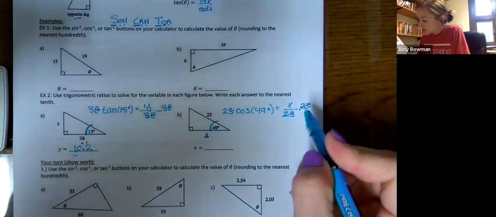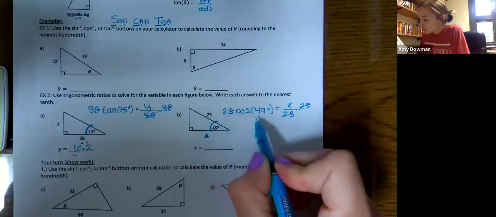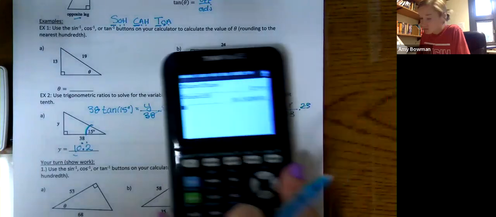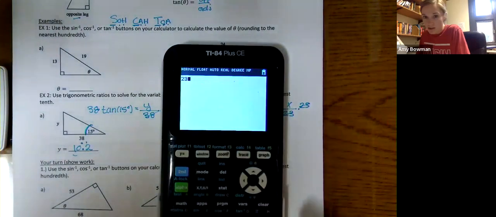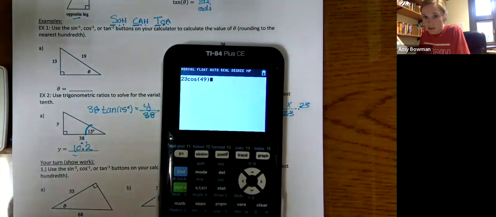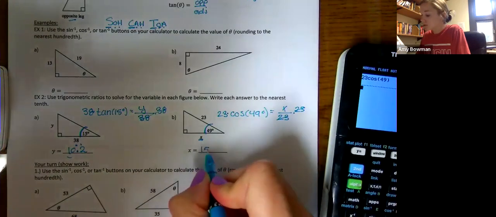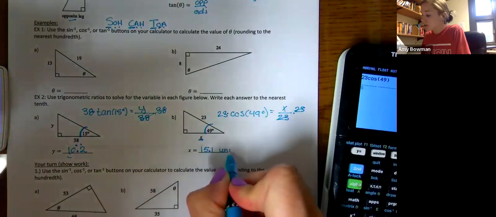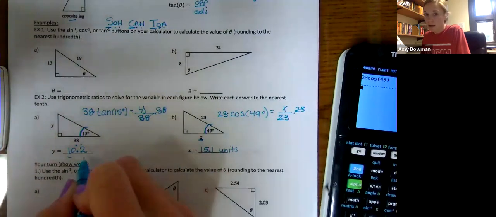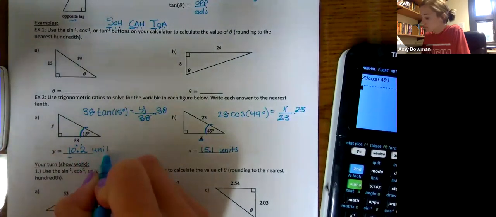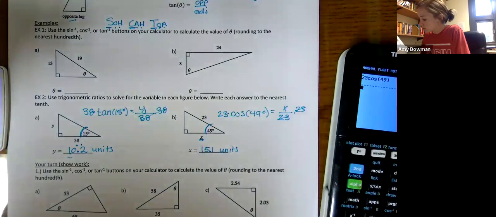And now all I have to do to solve for x is just compute 23 times the cosine of 49. So you can type it in, get your value, about 15.1 units. I'm a stickler for units, so make sure you're always careful about checking, and if units aren't labeled, you can just write units.